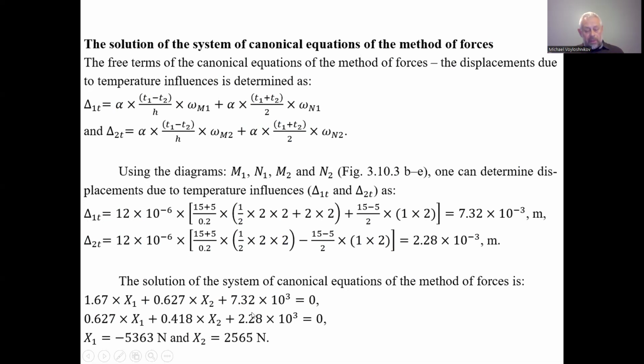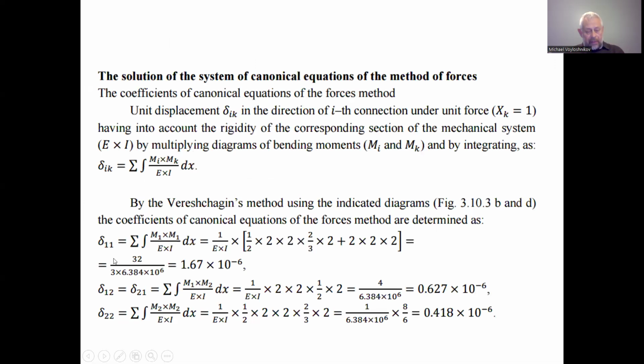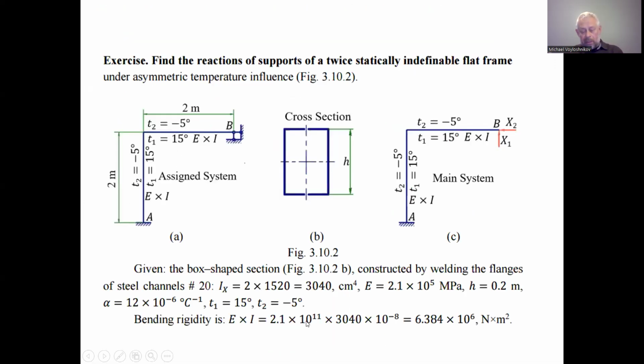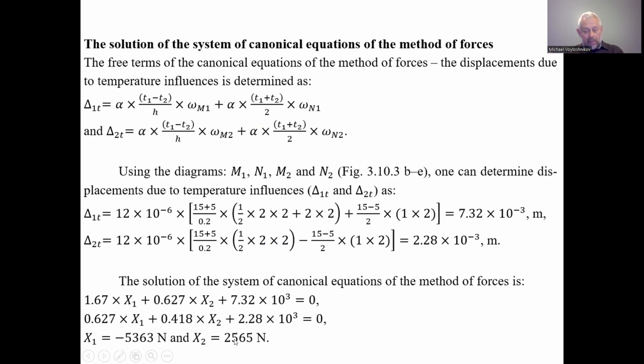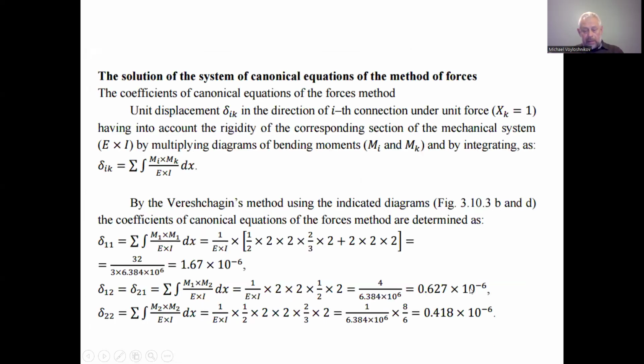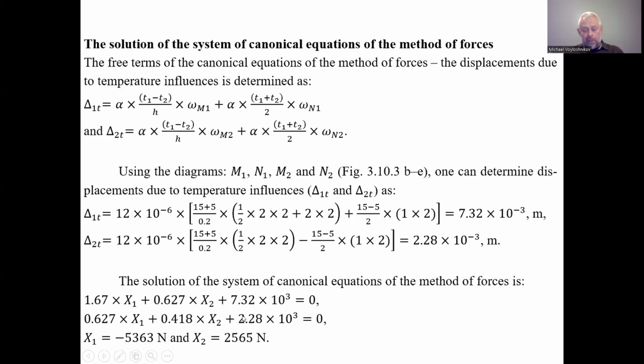When we substitute all the free terms into the canonical equations, and specify the factors in the canonical equations like previously, and after the definite simplification, as we multiply all the canonical equations by 10 to the power 6 to eliminate the complex description of the factors, we have these canonical equations.